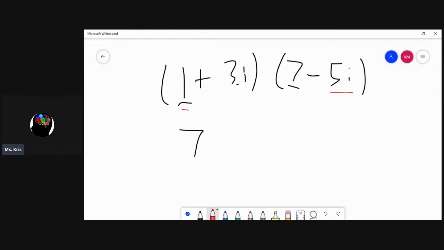Outer, 1 times a negative 5i, that's minus 5i. Inner, 3i times 7, that gives me a positive, or plus, 21i.